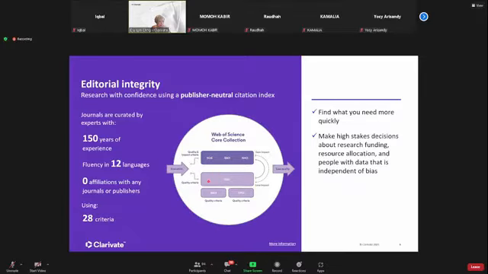So the Emerging Sources Citation Index covers journals that have met our 24 quality criteria, and they cover multiple disciplines. If these journals meet an additional 4 impact criteria, they will be indexed into our flagship specialized collections, which are the Science Citation Index Expanded, the Social Sciences Citation Index, and the Arts and Humanities Citation Index.